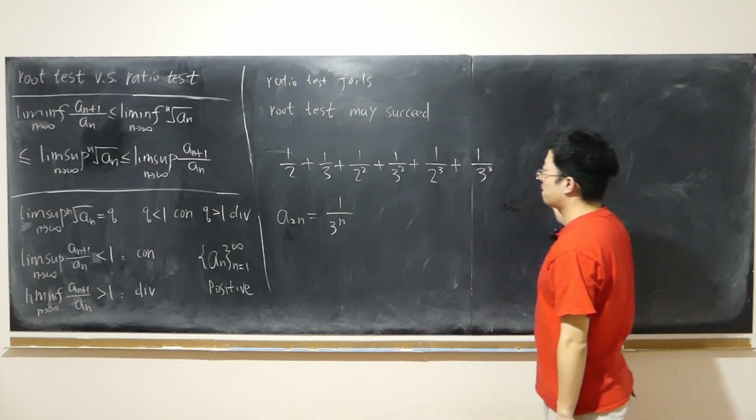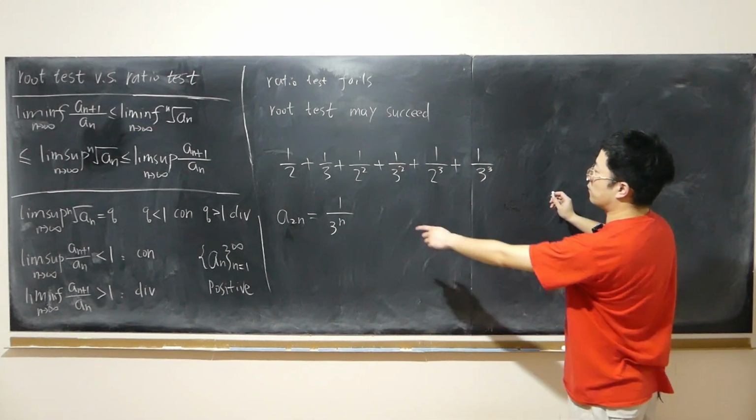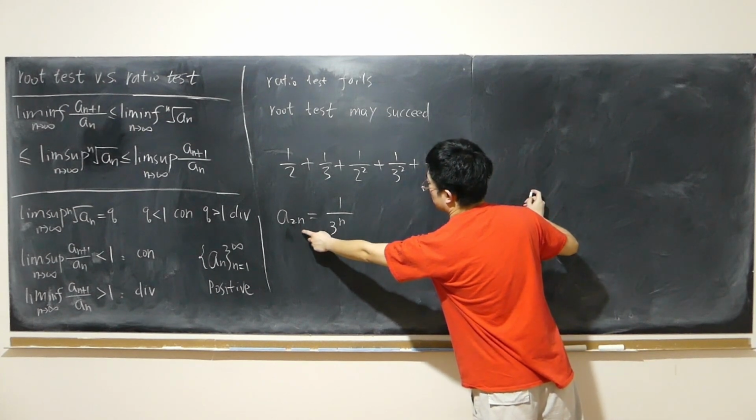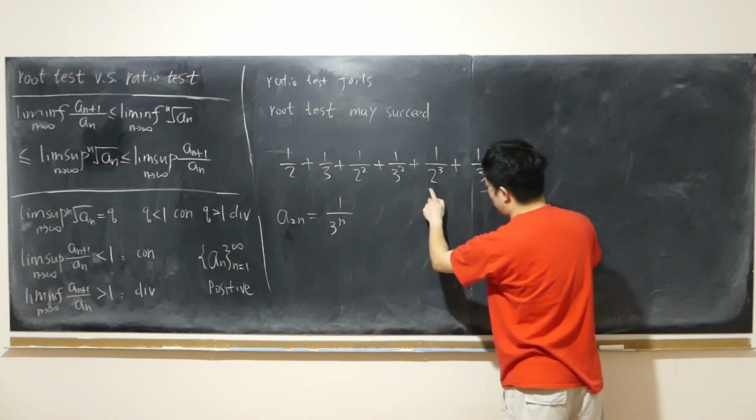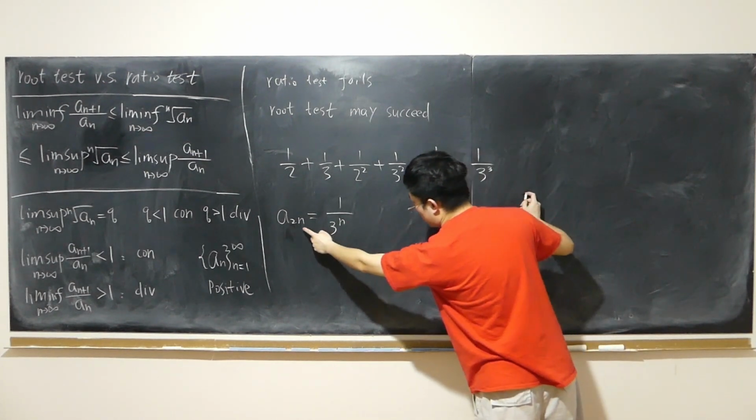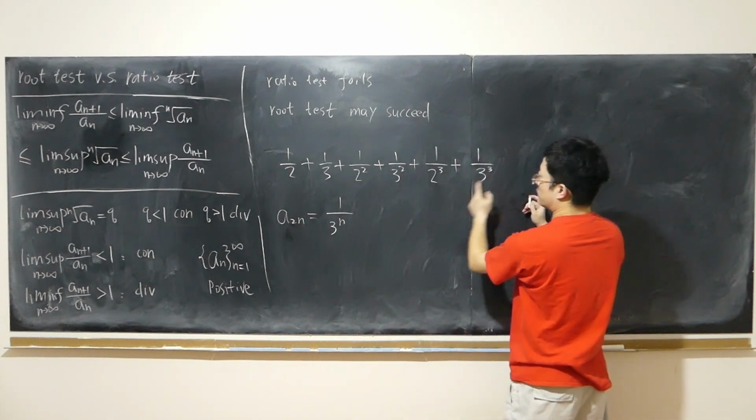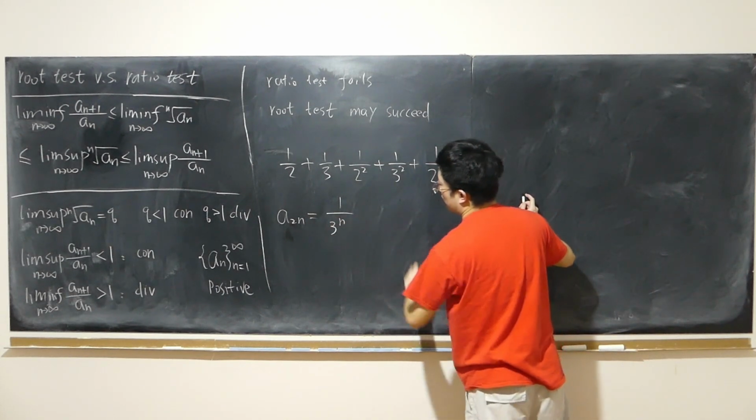For a6, the 6th term, the power of 3 is exactly 3.